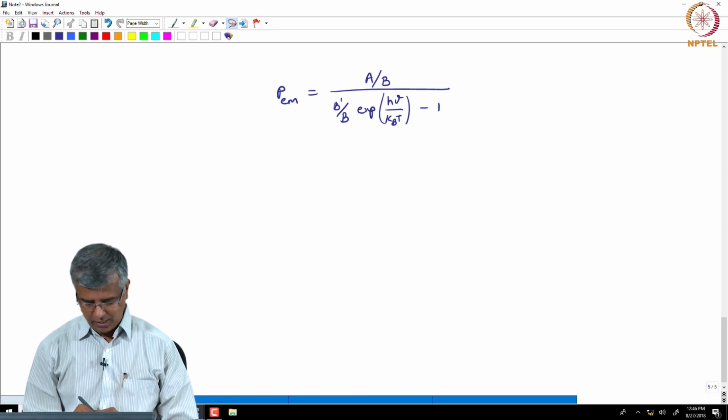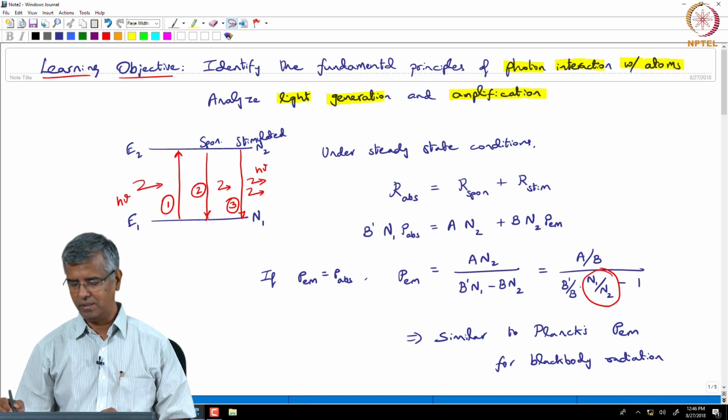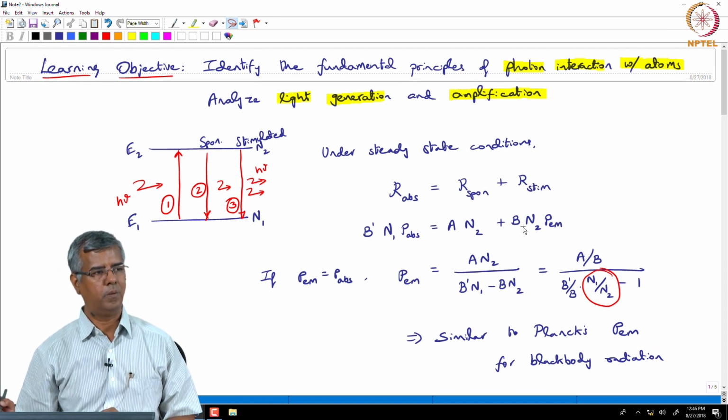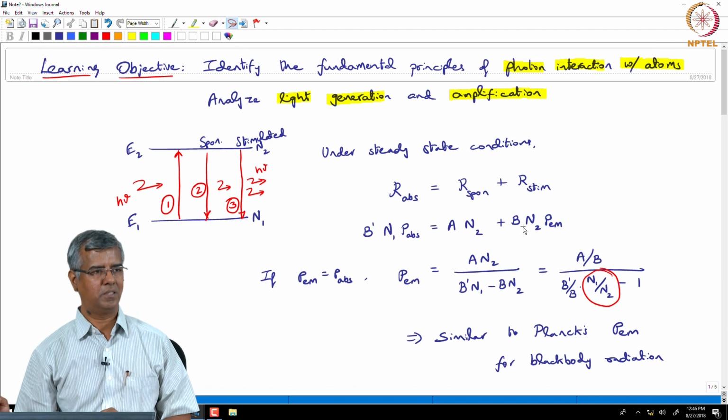And that is where it comes into the picture in determining which is more probable, spontaneous emission or stimulated emission.